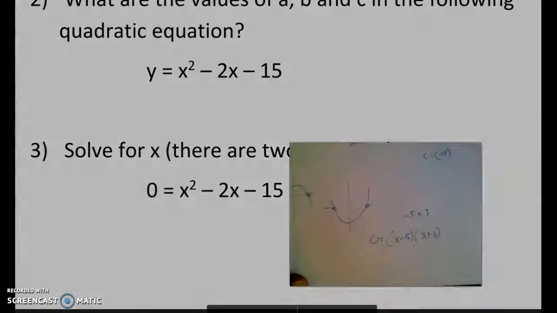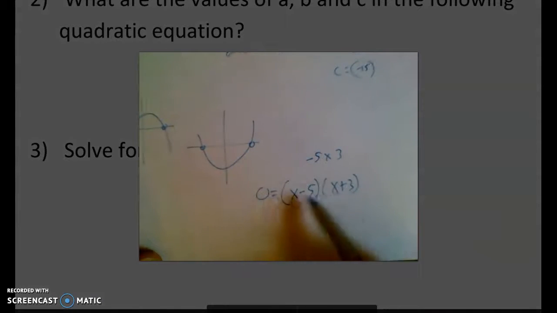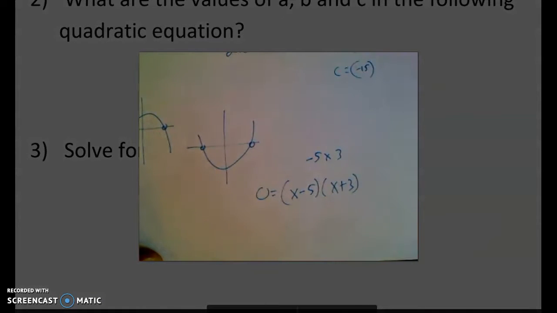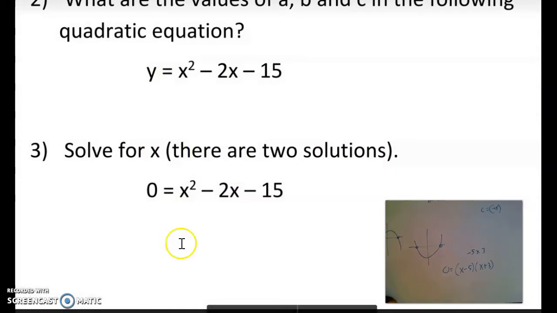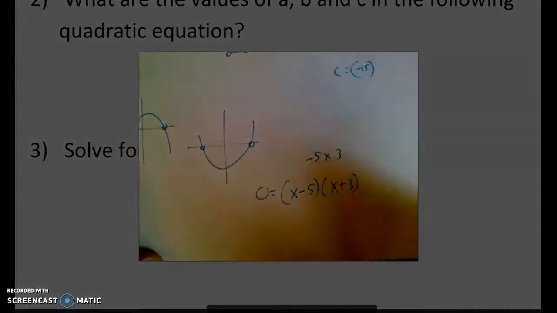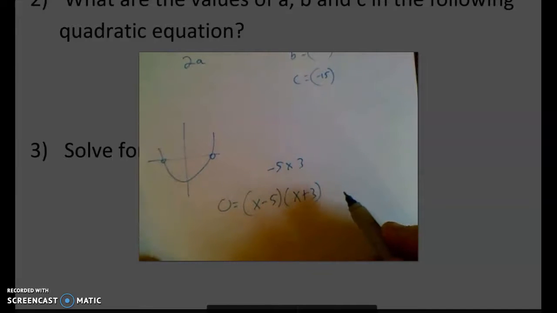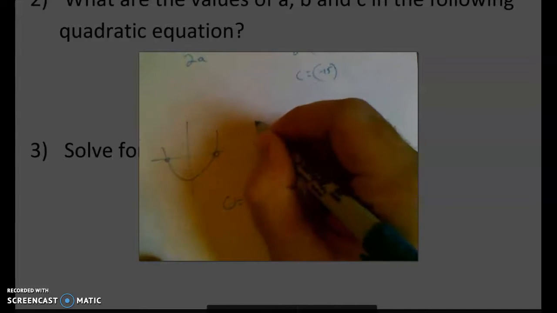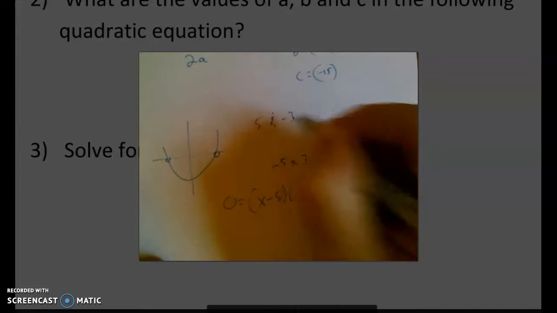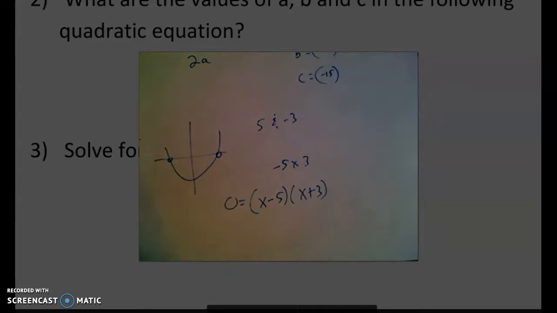So what I just wrote, this here is the factored form of this expanded equation. So they're the same thing, except this gives me basically the x-intercepts. One x-intercept would have to be a positive 5, and the other would have to be a negative 3. So 5 and negative 3 would be the solutions for problem 3.